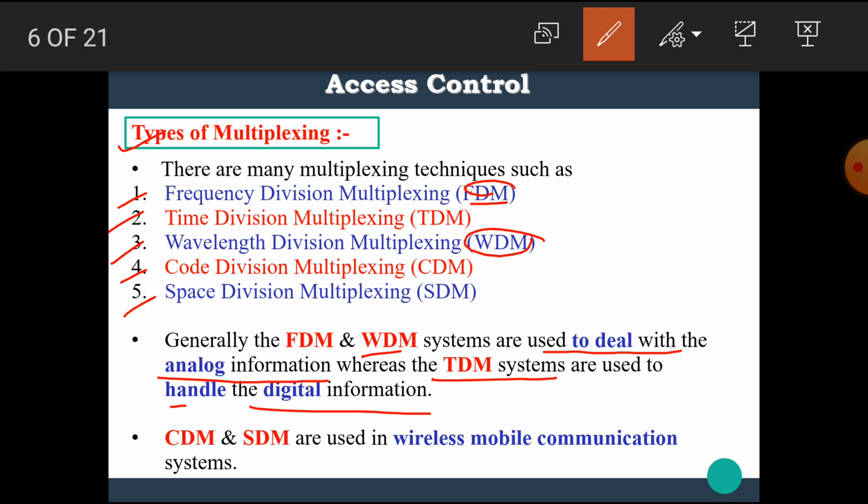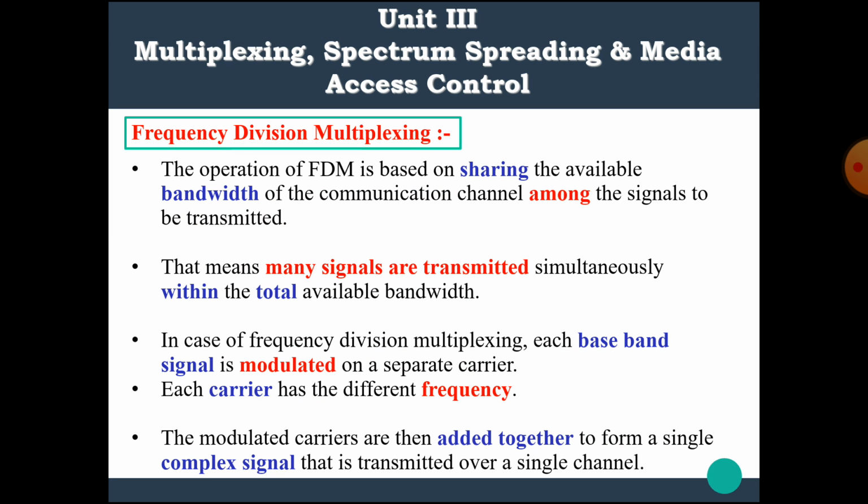Code division multiplexing and space division multiplexing are used in wireless mobile communication systems. Now let's see the details about each type of multiplexing one by one.